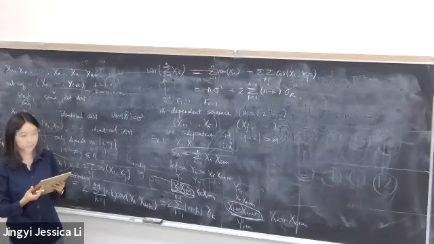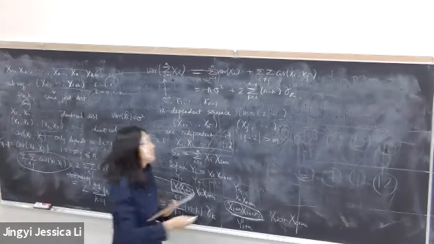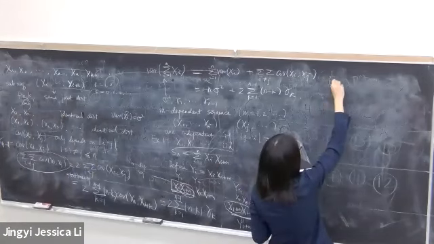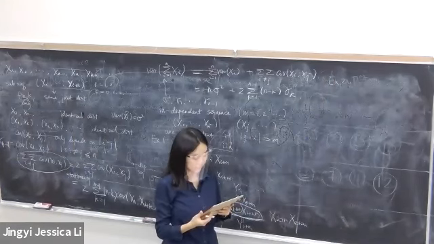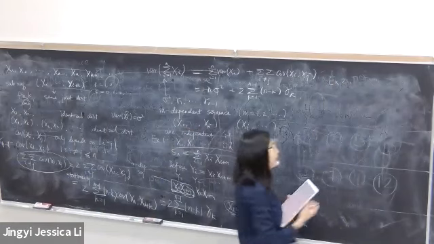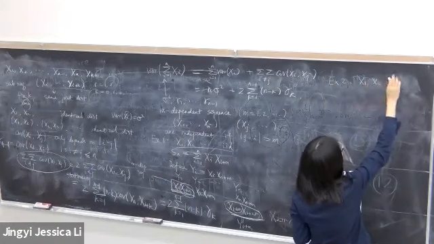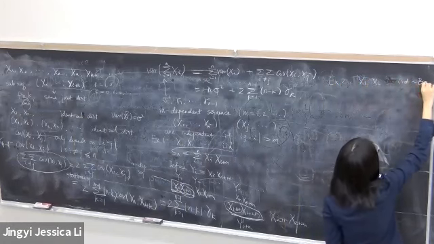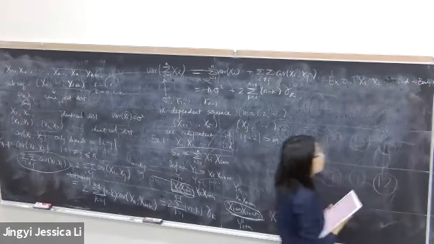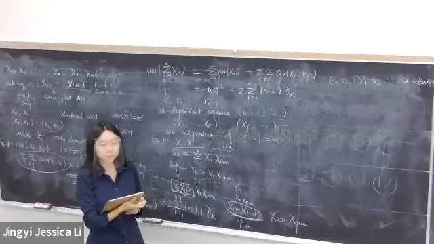Okay, this is example one. And example two is our familiar coin tossing example. So let's say that we have x1, x2, and so on, IID from Bernoulli(p) tossing, so they follow the same success probability.